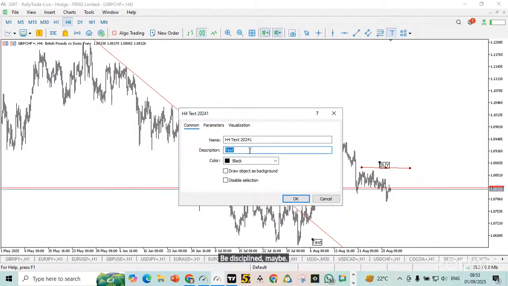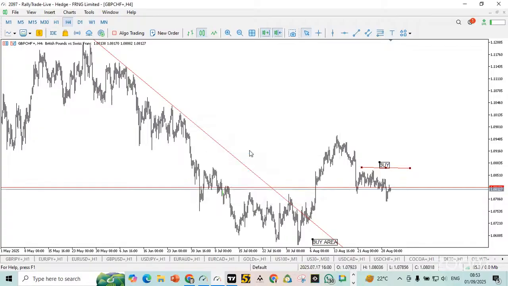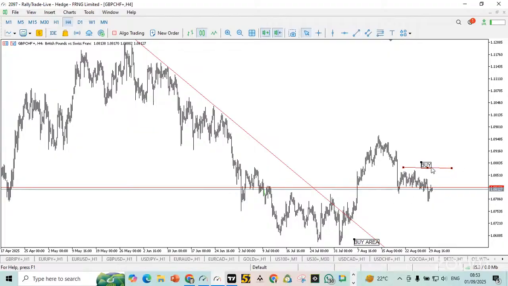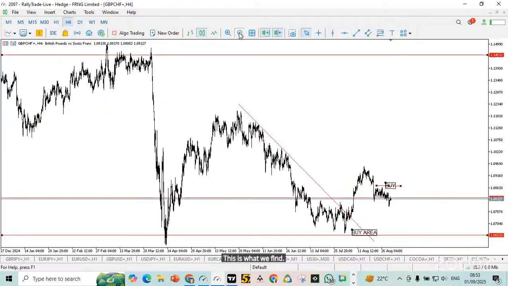This support level is where I'll be buying from, because price is bouncing off the support, and it has taken out this lower high. That's what I would do.